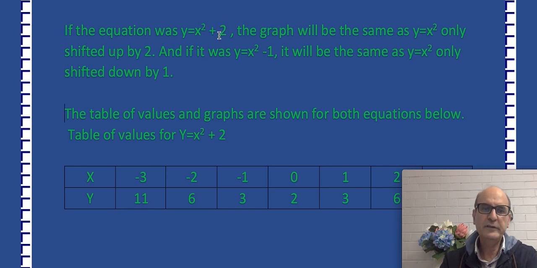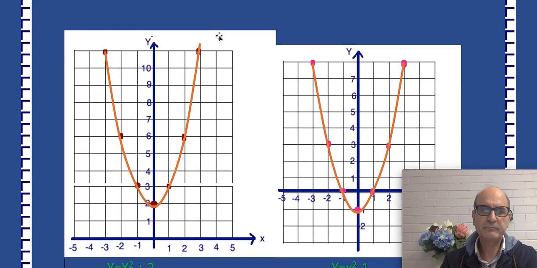And if you put these points together and connect them together, you get minus 3, 11, minus 2 was 6, minus 1 was 3 if you go by the table, 0 was 2, 1 was 3, 2 was 6, and x 3 was y 11. So you get these points, these dots, and connect them together. Again, you have a parabola, which is like a smiley face.